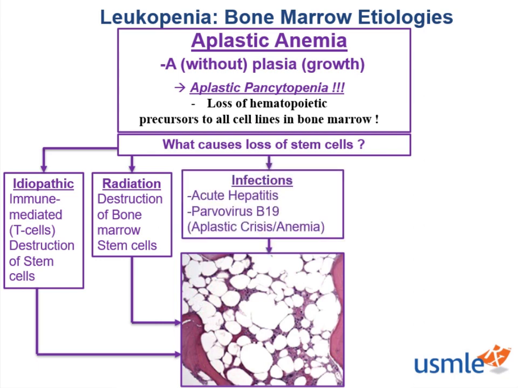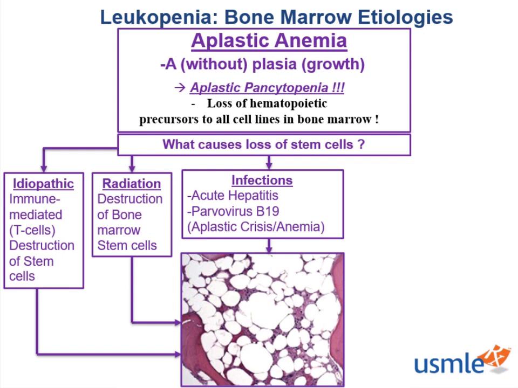Infections, especially viral infections, have been shown to destroy stem cells. Acute hepatitis from Hep A, B, C, D, and E have all been related to developing aplastic anemia, aplastic pancytopenia. Parvovirus B19 is an interesting cause because it infects pre-erythroblasts by binding to P-antigen globoside.